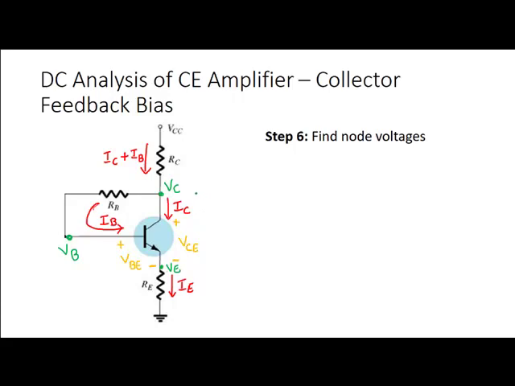So VC is the voltage drop from this point till the ground. So it is the voltage drop from collector point till the node, because this is the reference. VE is the voltage drop across resistor RE. So VCE is this difference voltage.